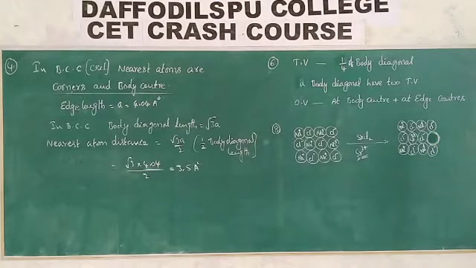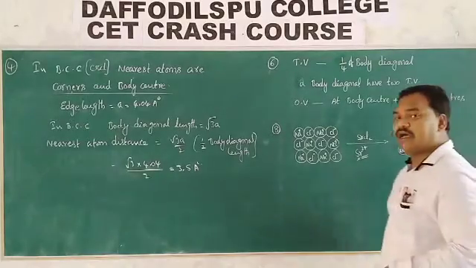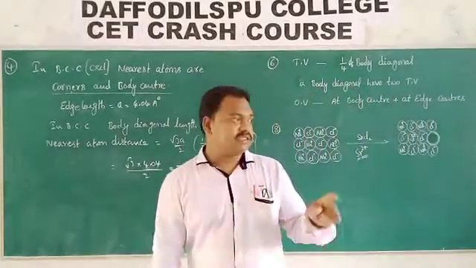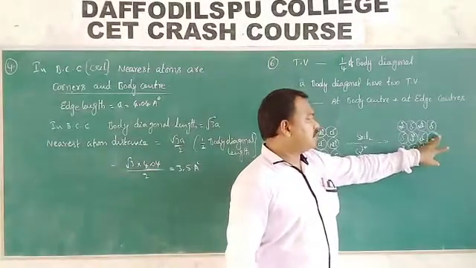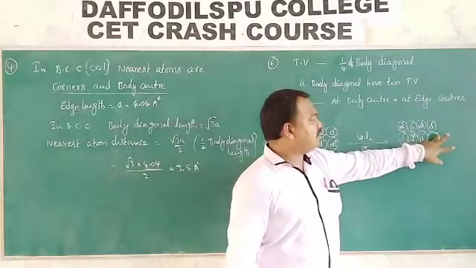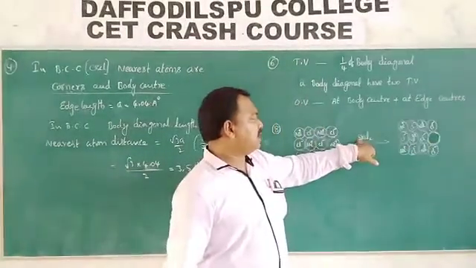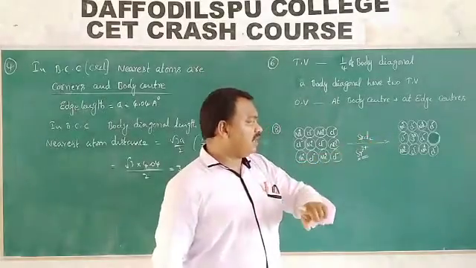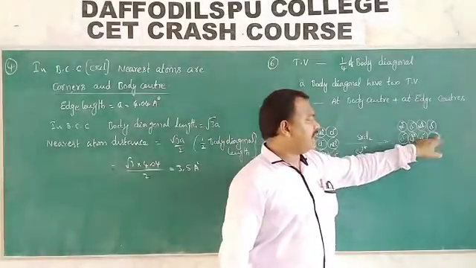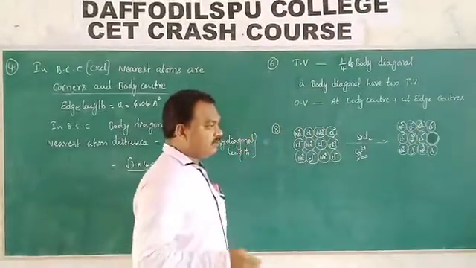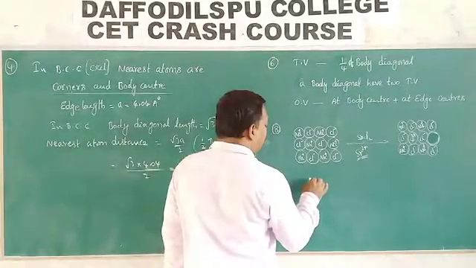So how many vacancies are you getting? One vacancy. They are asking only the cationic vacancies. One strontium chloride provides one cationic vacancy.